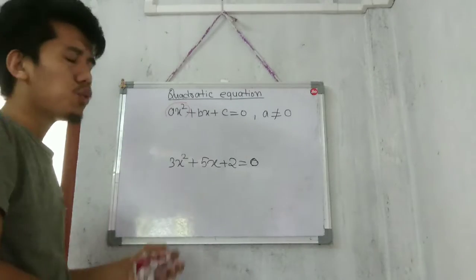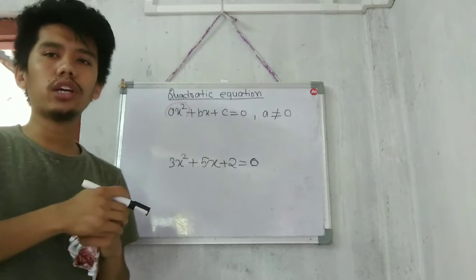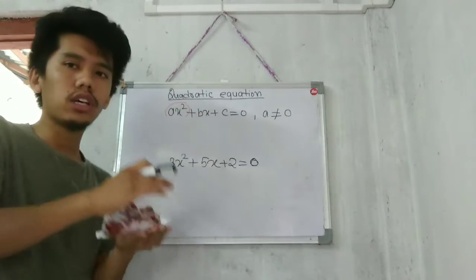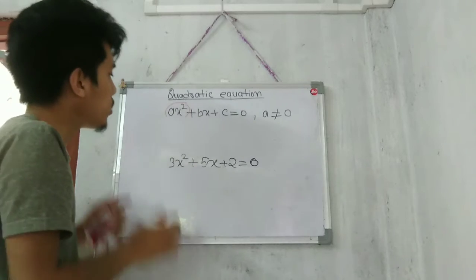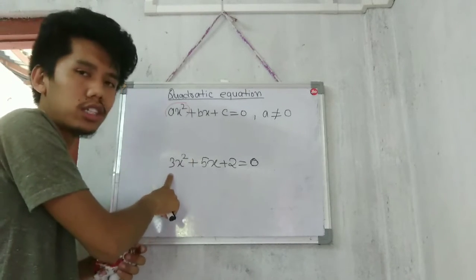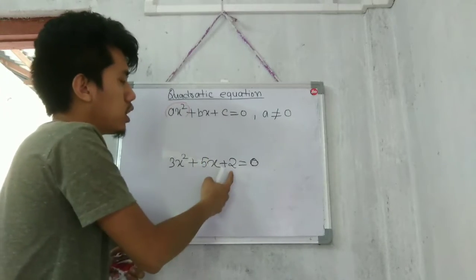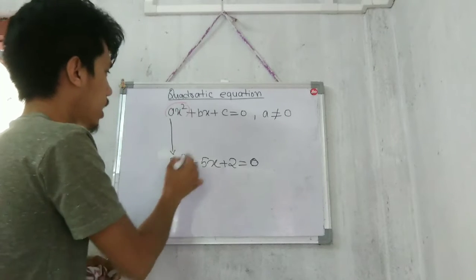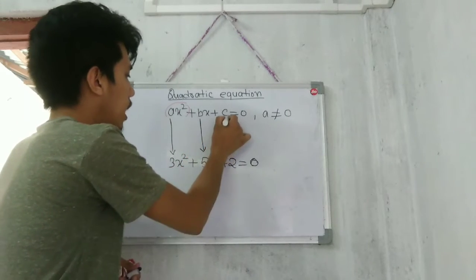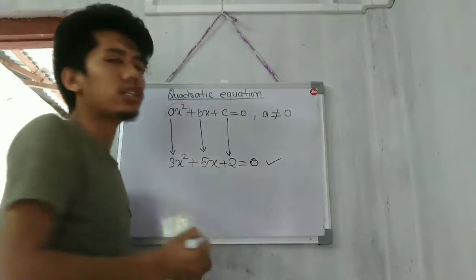So we can get some idea from here that these two expressions look similar. Everything is the same, but in place of a we have 3, in place of b we have 5, and in place of c we have 2. That means this is the a, this is the b, and this is the c for this equation.